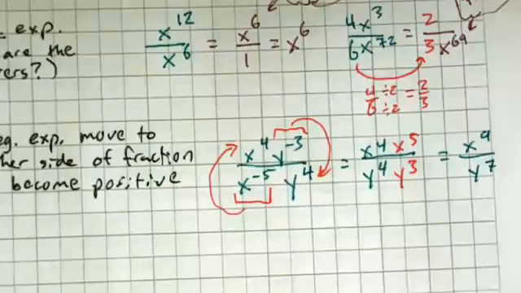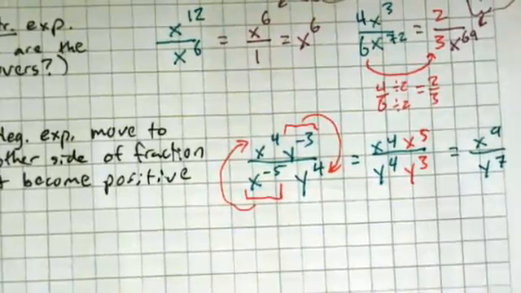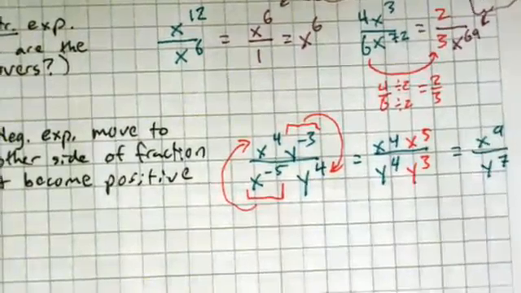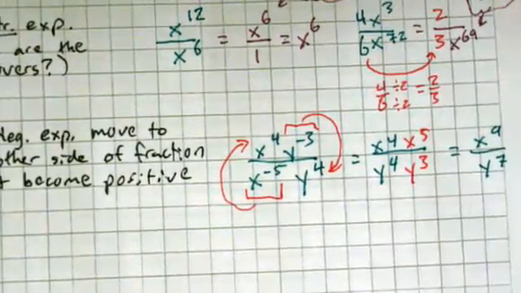All right. All we have left to do is zero exponents, and I saved that for last because it's the easiest. So let's talk about multiplication.